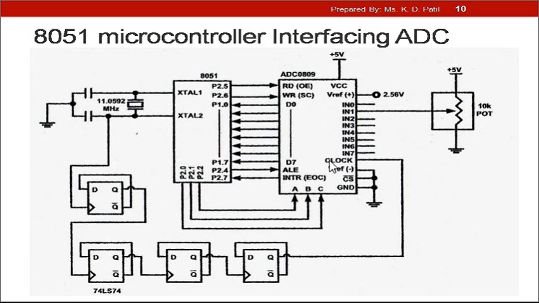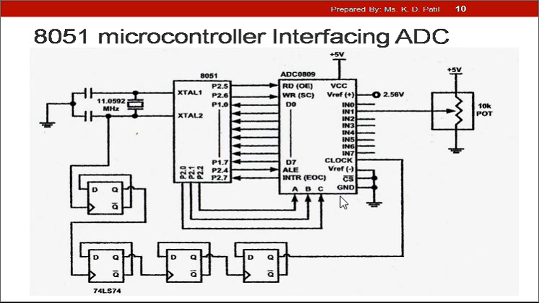Now if you observe, the clock pin is connected to the external clock source, and we have already seen how to provide the external clock to an interface device while 8051 is interfacing some device. And here we are using 4 D flip-flops so that we will get the correct frequency at the clock pin of ADC 0808.